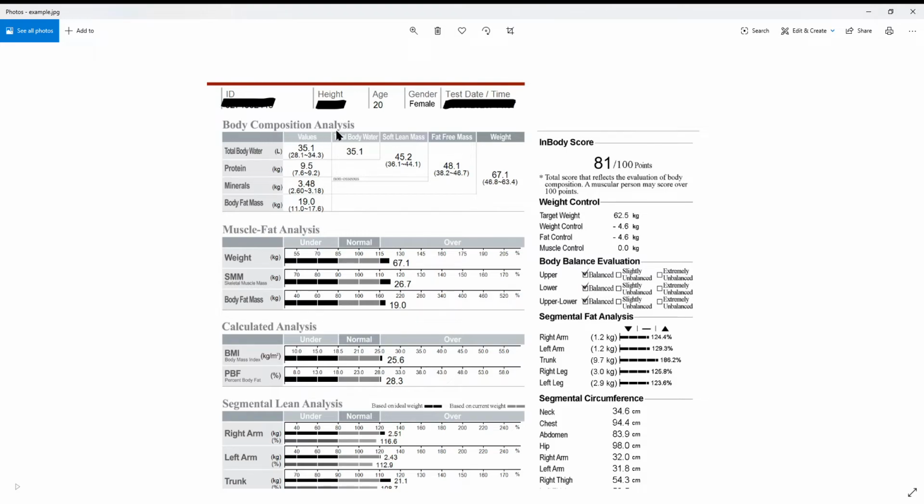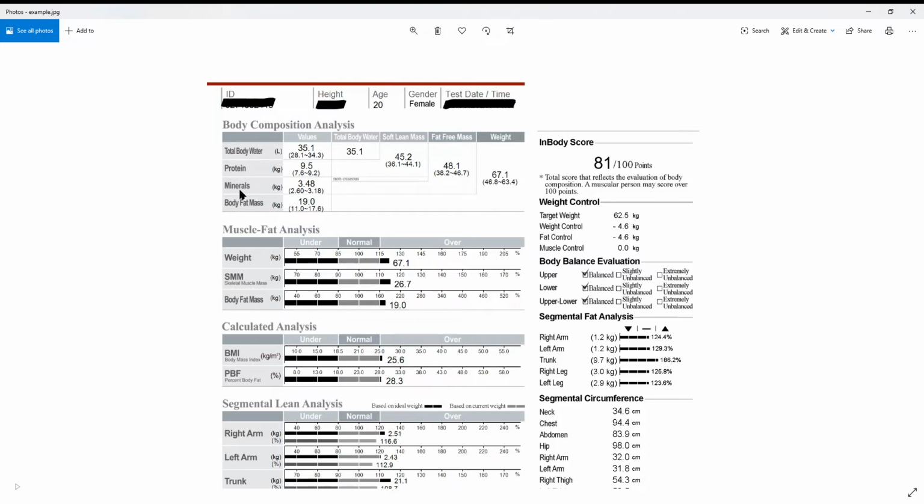Next, we have body composition analysis, where we look at the four components of your total weight. Firstly, we have your total body water, with that amount of water through your body in liters. Then we have your protein cells, which are the building blocks of muscle.